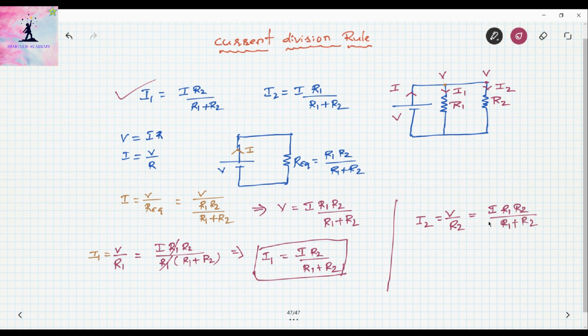Here in the denominator R2 is present, so R2 gets cancelled. Now what is I2 here? I into R1 by R1 plus R2. So this is the desired result.